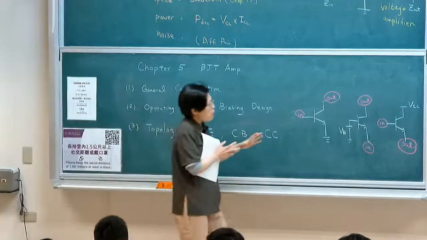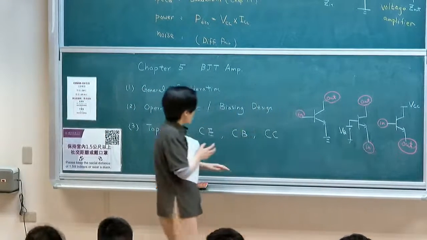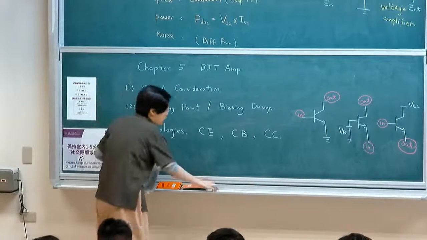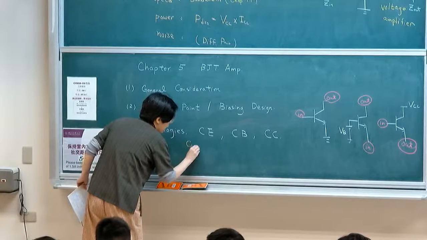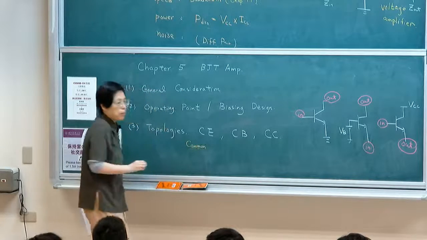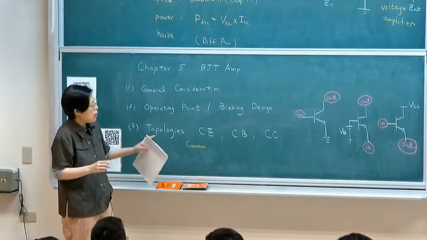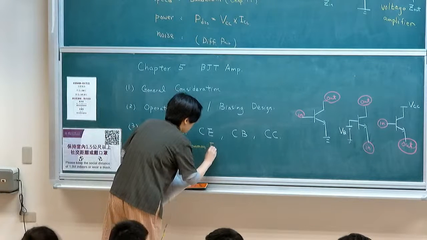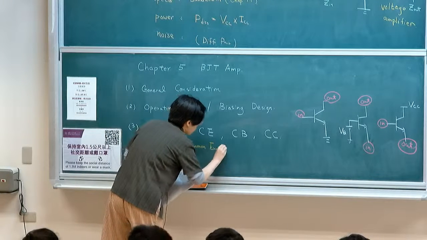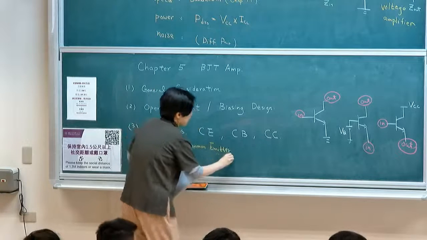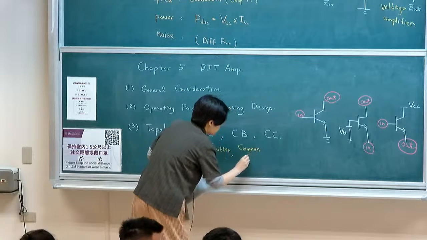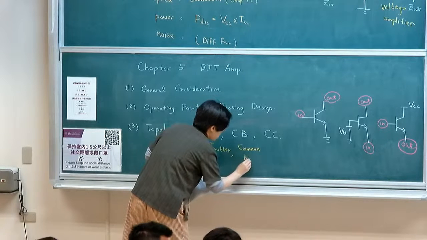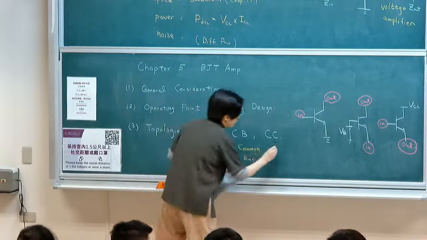These are the three important ways. One is called CE, where C stands for common. So CE is common what? You have only 3 terminals, so common emitter. Yes, this is common emitter. By the same method, this is common base and common collector.